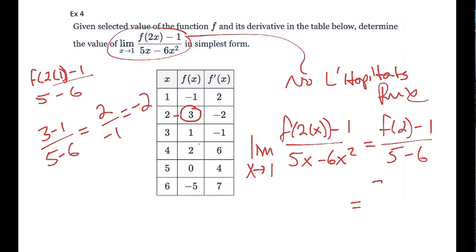F of 2 is 3 minus 1 divided by negative 1 is negative 2. And that one's done. So just because this is in L'Hopital's rules set of problems does not mean that you have to use L'Hopital's rule.